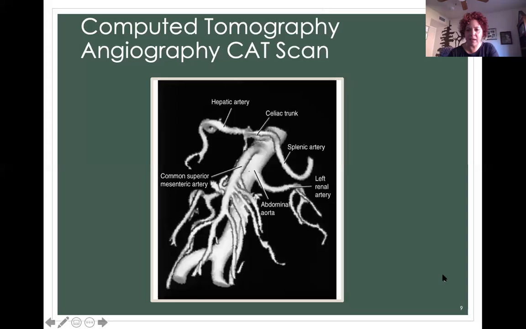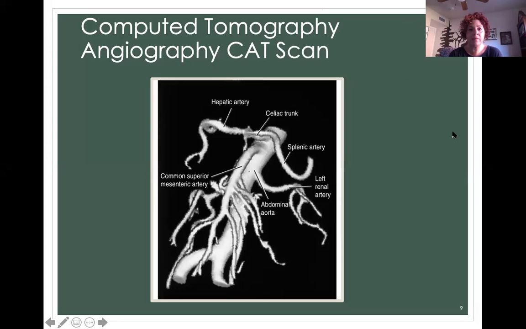Getting back to my thing, and then I'll have to switch again. In regards to CT, there's not a lot of that happening in the operating room per se, unless you have some seriously fancy OR suites, like for neuro.